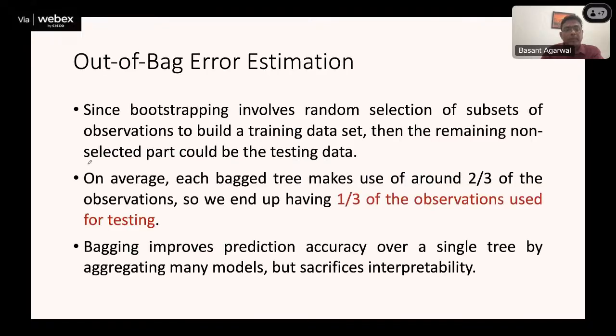One more thing about the bagging process is that the prediction accuracy is generally increased by aggregating the results of many models, but it also sacrifices interpretability and explainability. We have seen that in the decision tree, we can visualize the reason for a particular outcome based on the rules, which rule and which feature gave that outcome.